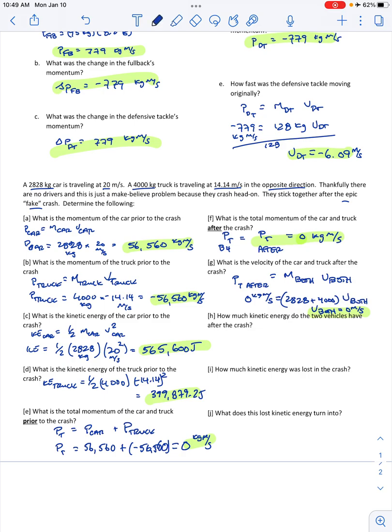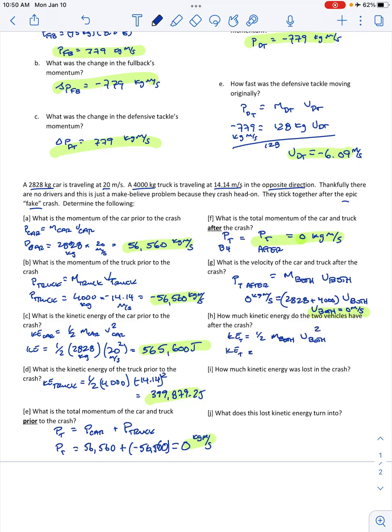How much kinetic energy do the two vehicles have after the crash? So we want the KE total after the crash. After the crash, this will be 1/2 the mass of both times the velocity of both squared.